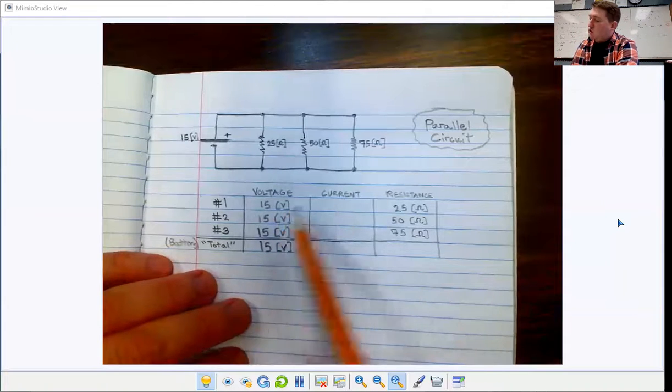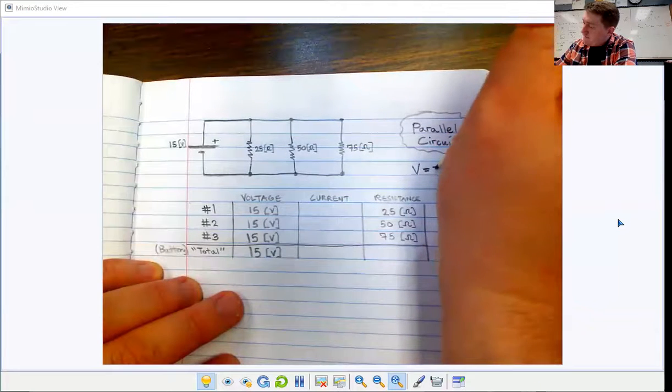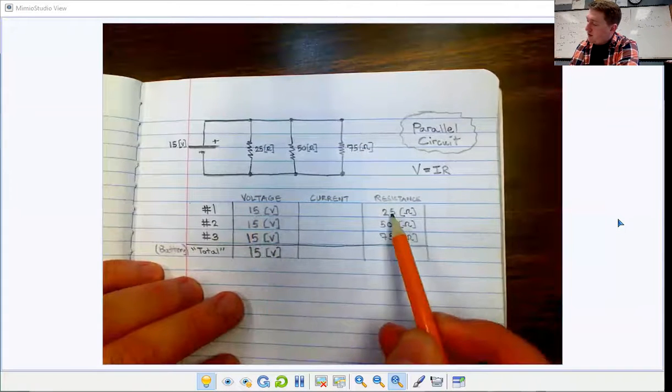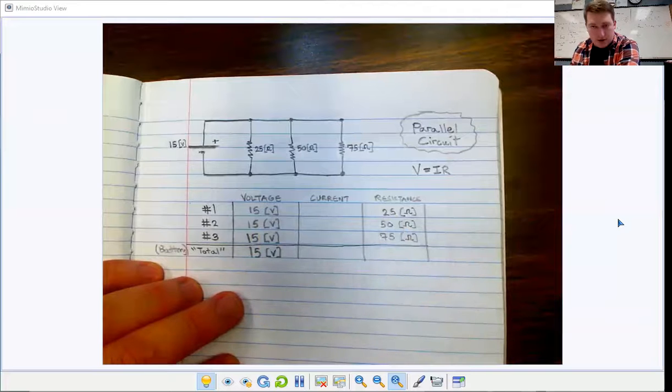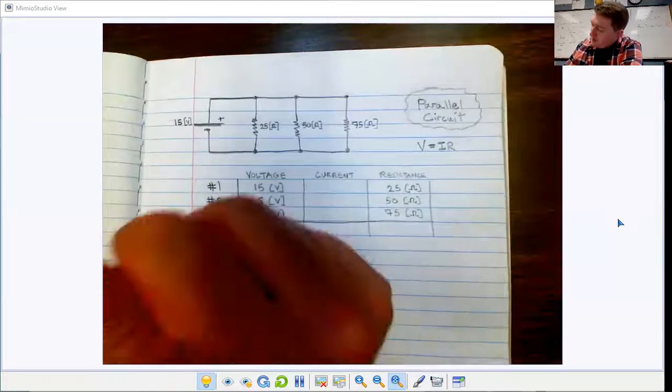Now, each row obeys Ohm's law. Being that I have a voltage and a resistance, I can figure out the current. So I'm going to do that for each path.